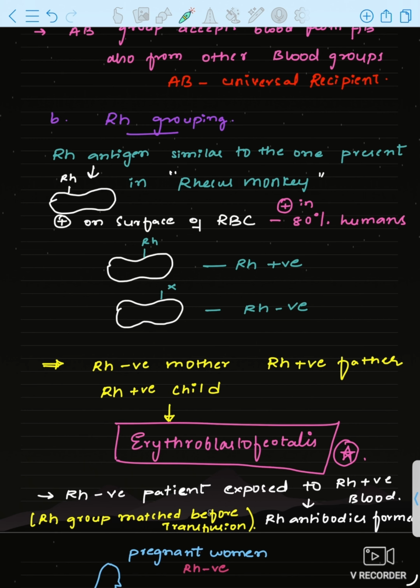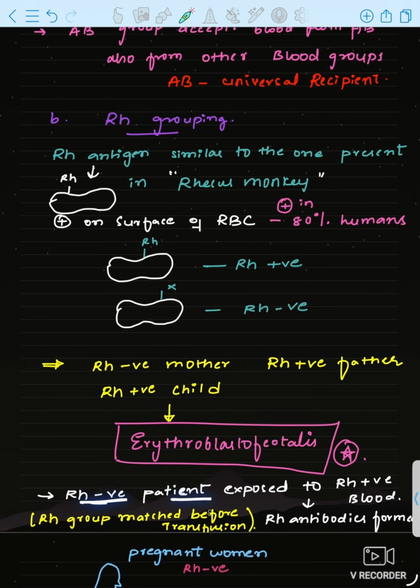So Rh negative mother and Rh positive baby will cause erythroblastosis fetalis. I will explain in detail how it causes. I'm just telling you, remember: Rh negative mother and Rh positive child.